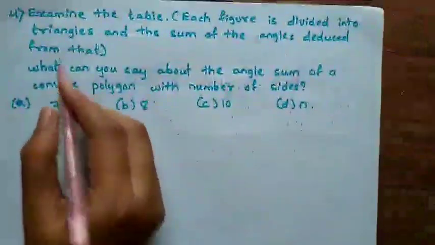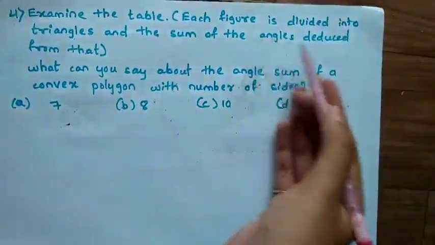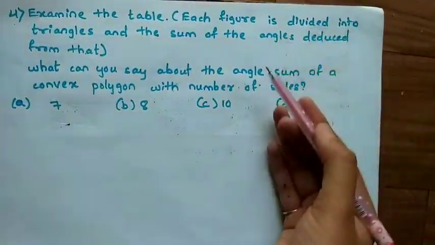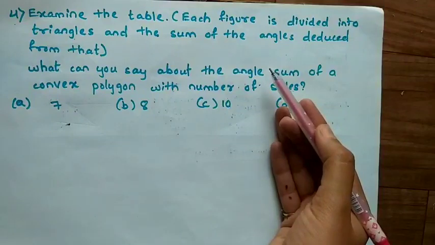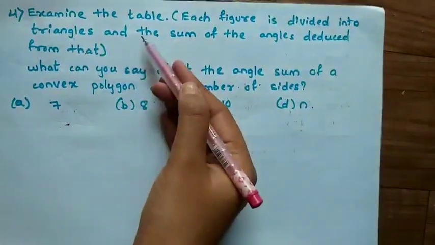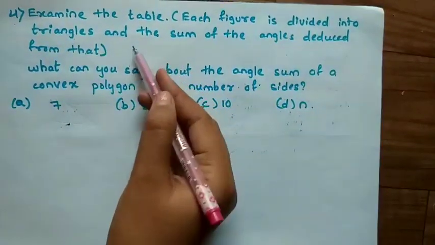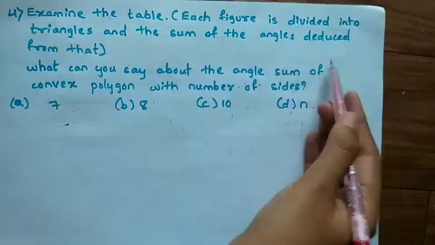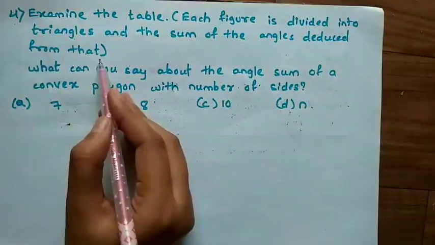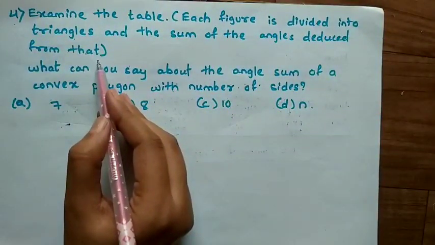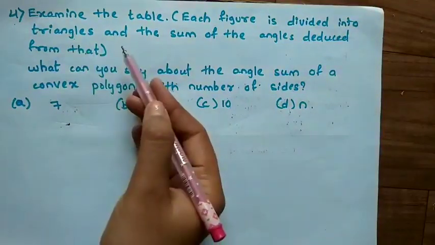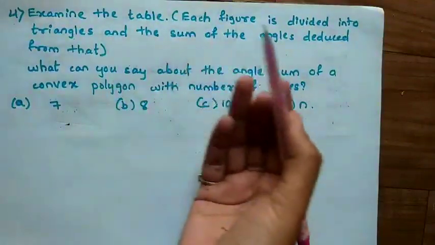In this question, examine the table. We just discussed that table. In that table, all the figures are divided into triangles, and the given figures and the sum of their angles are deduced from that. We solved it by applying the (n minus 2) into 180 degrees formula, for the triangle, quadrilateral, pentagon and hexagon.